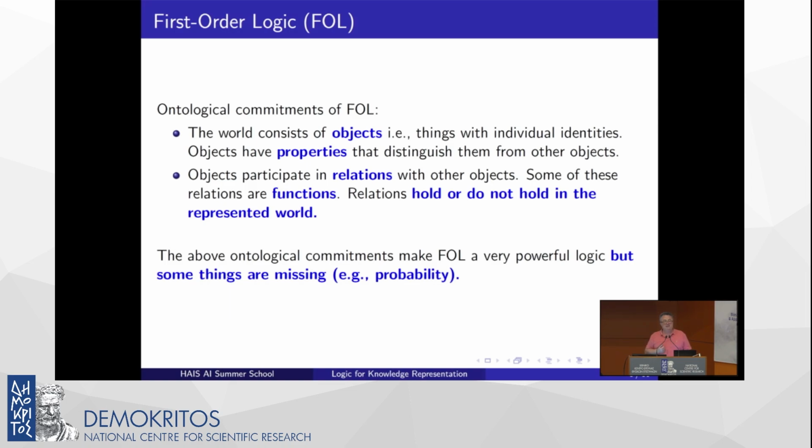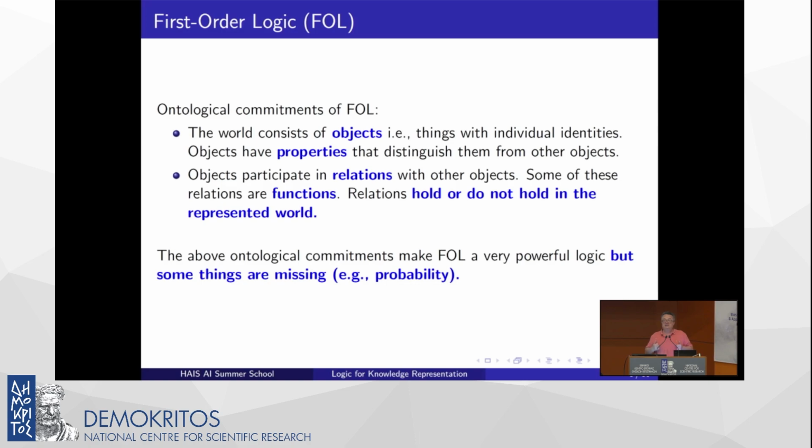Objects have properties. So Manolis gives a particular course, for example. And objects participate in relations with other objects. So the property was the fact that I'm a professor, right? And I participate in a relationship with the course that I teach, okay?